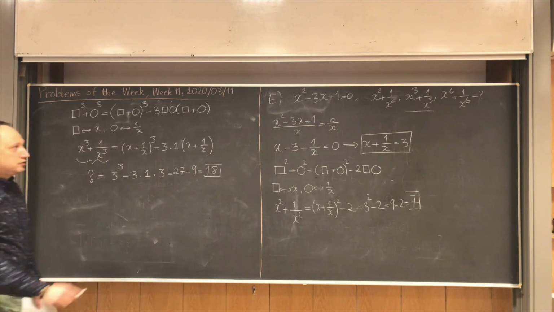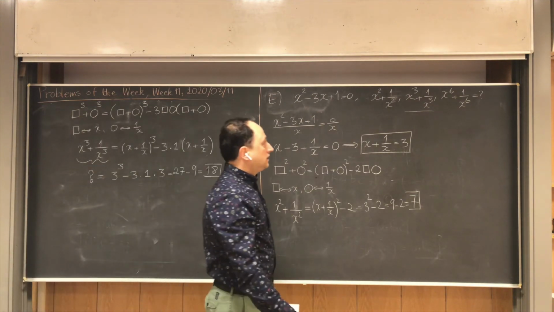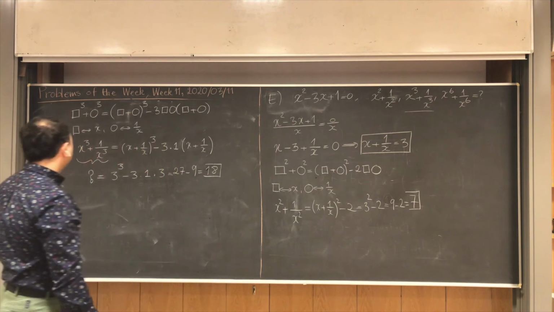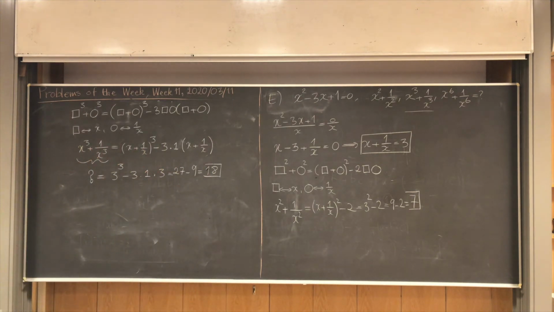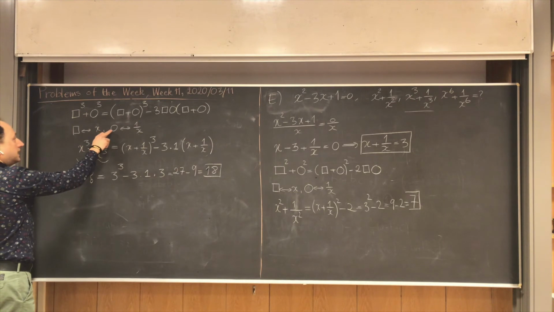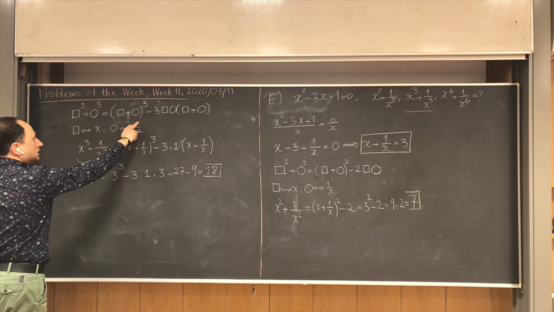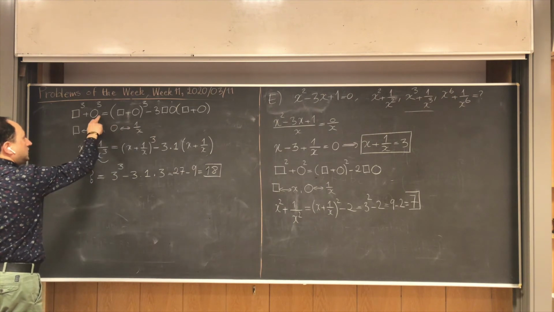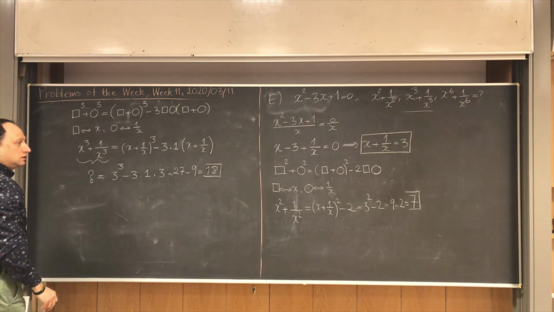Okay, now for calculating x to the 6 plus 1 over x to the 6, we can do it in two different ways. We can replace the box by x squared and circle by 1 over x to the power of 2 in this equation.